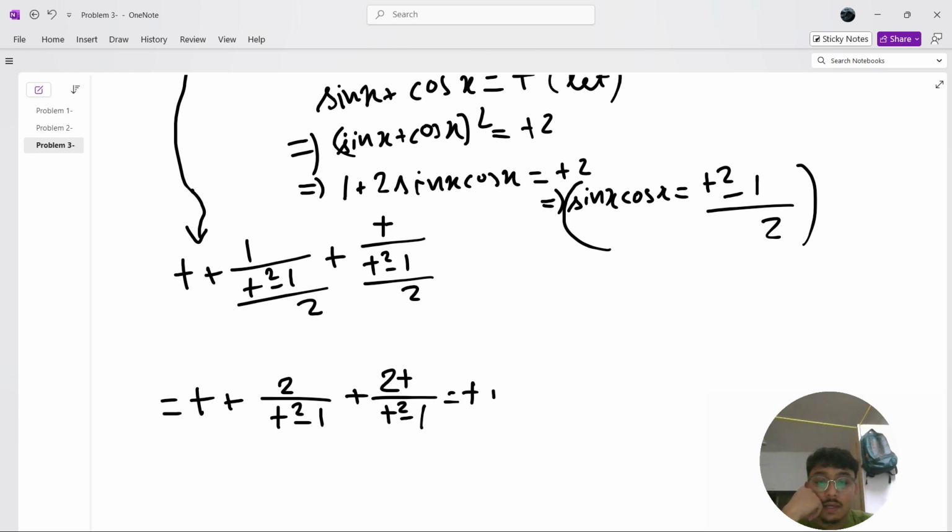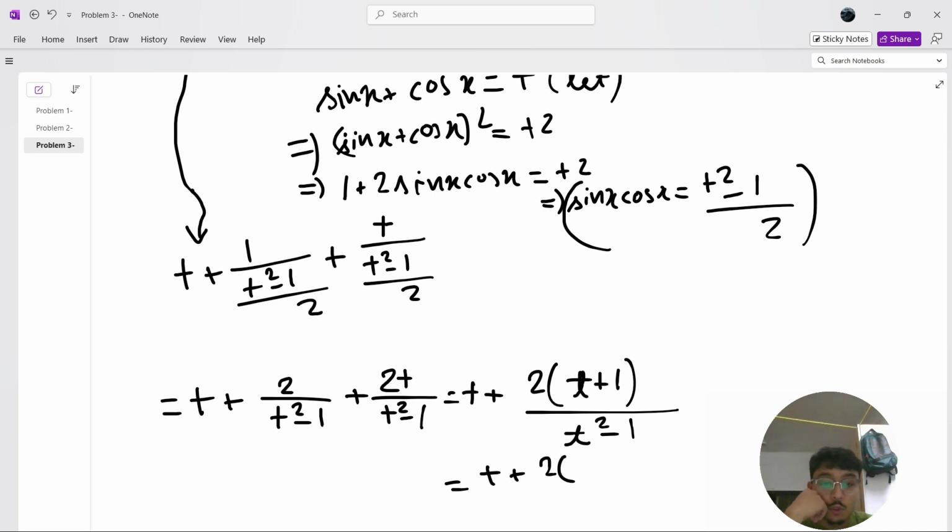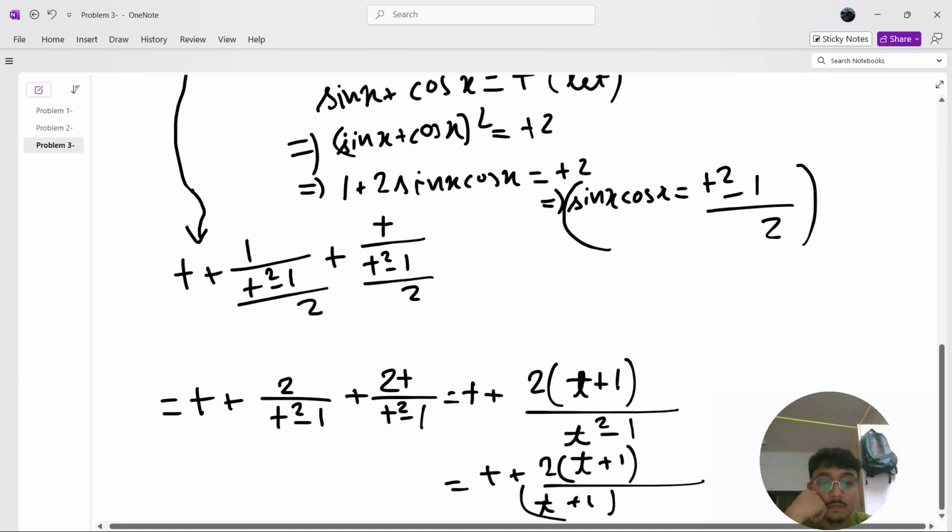So this is basically t plus, taking 2 common, 2 into t plus 1 over t square minus 1. The denominator t square minus 1 can be factorized as t plus 1 into t minus 1.